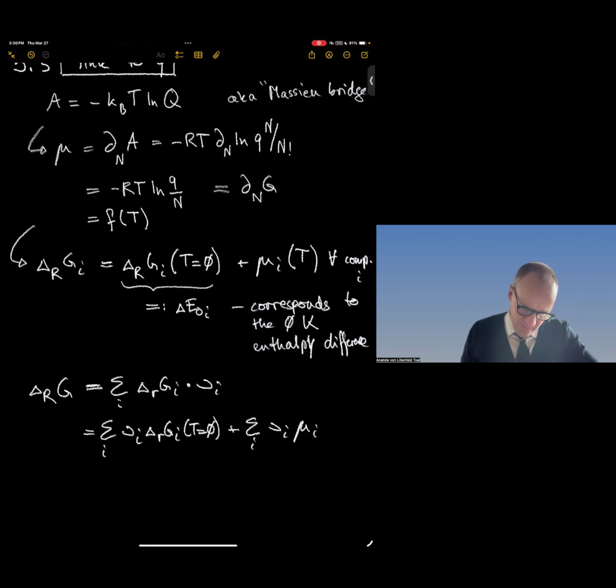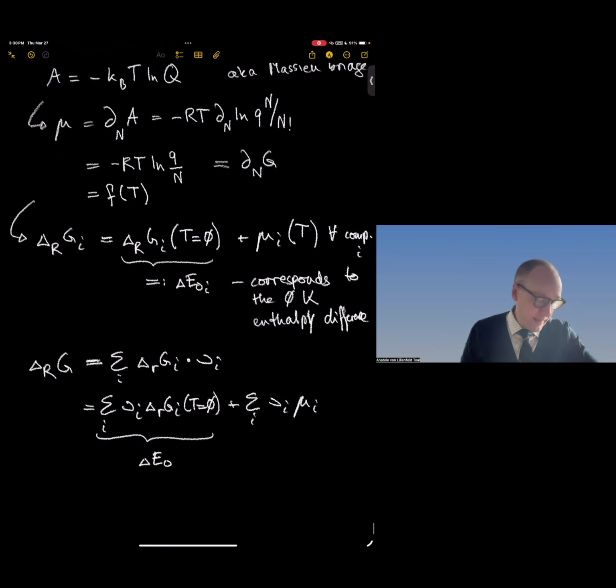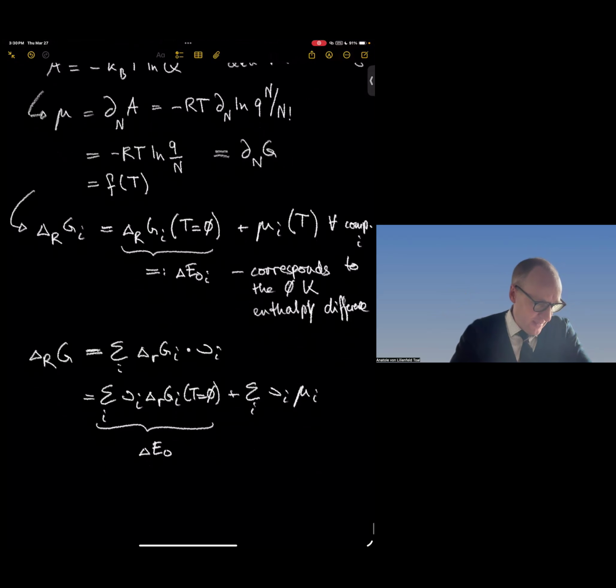And we can then simply call this entire sum here our delta E0. Okay, so this is basically the zero Kelvin contribution to the energy difference.